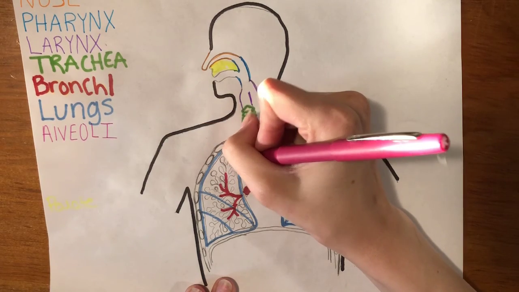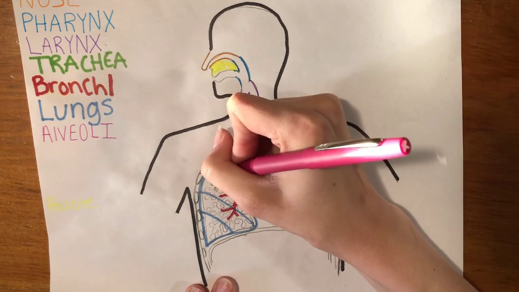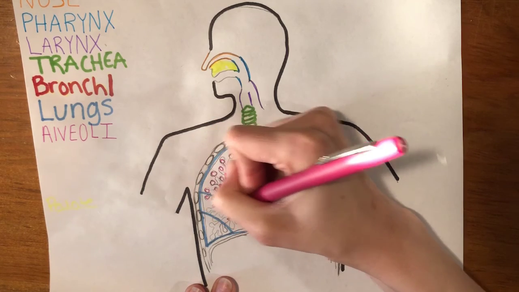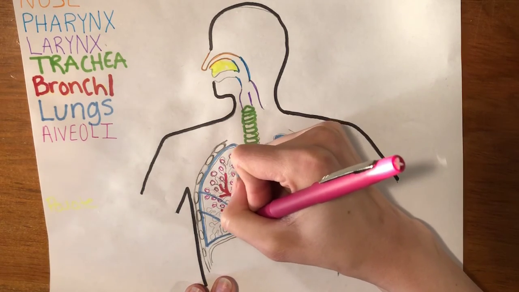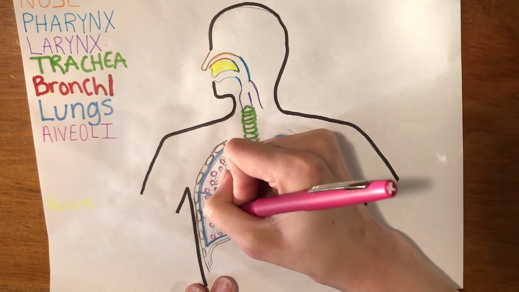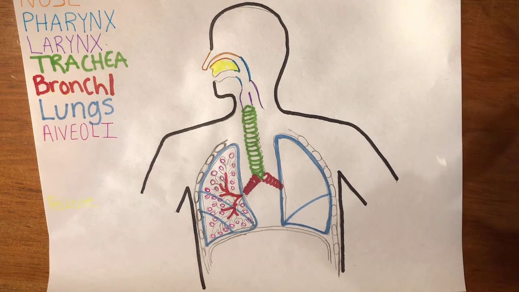The alveoli are grape-like bunches. They make up the bulk of both lungs.